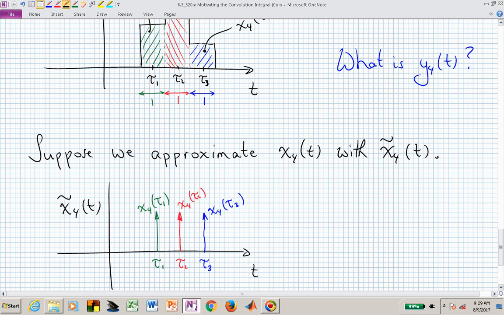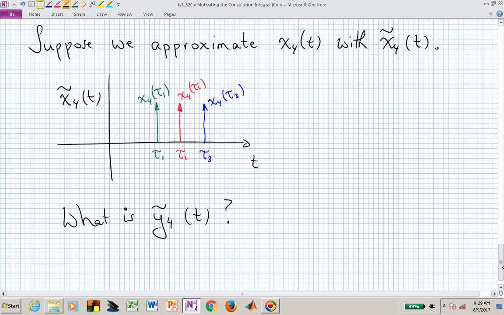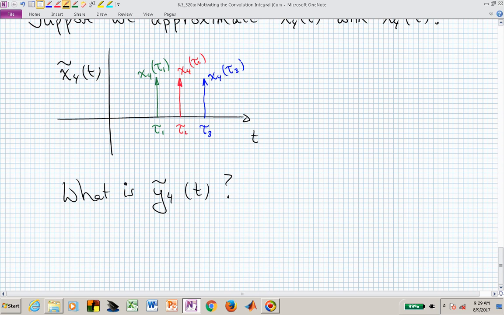Now you should be very comfortable with what y sub 4 tilde is. We just talked about what the output response looks like due to a weighted impulse. Now we can immediately write down what y sub 4 tilde is relative to these weighted impulses. Y sub 4 tilde is now x sub 4 of tau sub 1, that's the weighting on an impulse response that's going to start at tau sub 1.